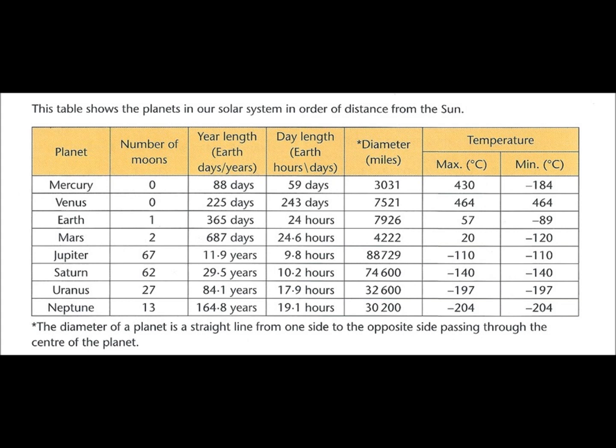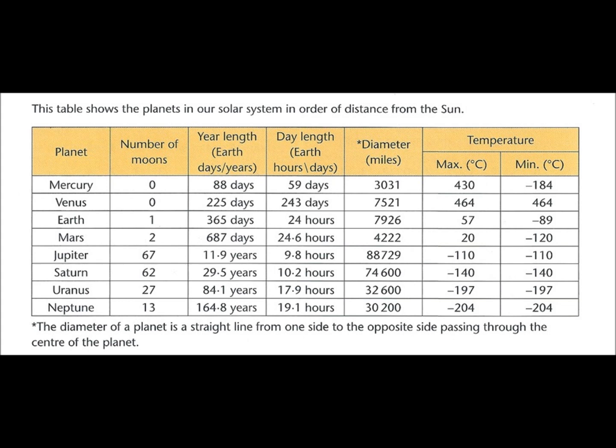And we're looking for two planets that have a diameter 4 times the size of Earth. So we're looking for 4 times 8,000. Well, 4 eights are 32, so 4 multiplied by 8,000 is 32,000. We are looking for two planets with approximately, and that word is important, approximately 32,000 diameter miles.